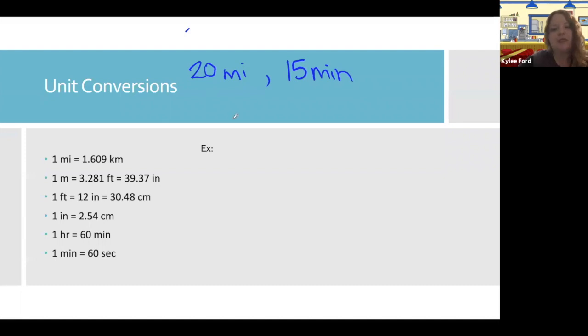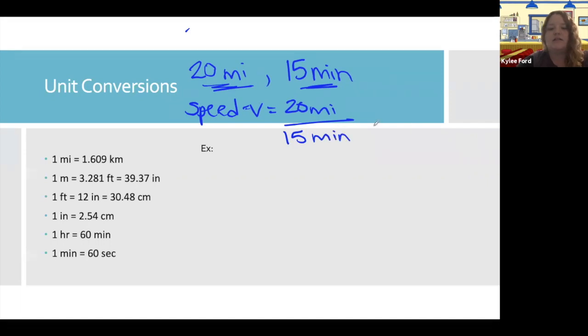So, remember when we're looking at speed, speed is going to be our distance over our time, okay? So we have our 20 miles over our 15 minutes, okay?